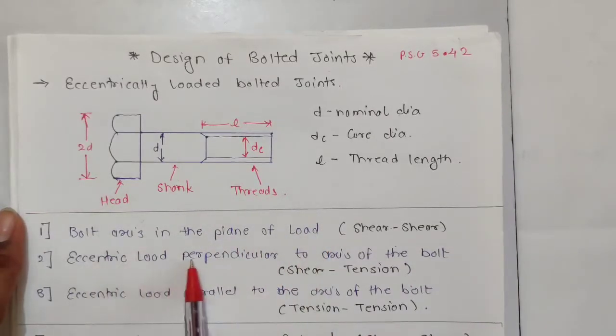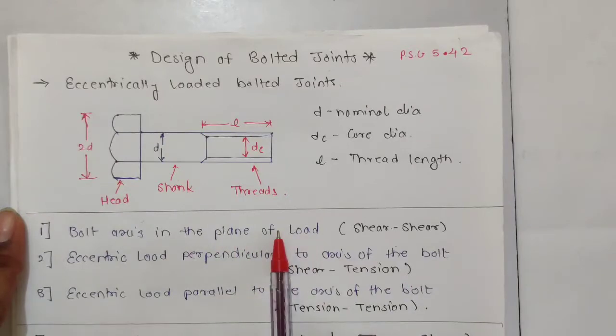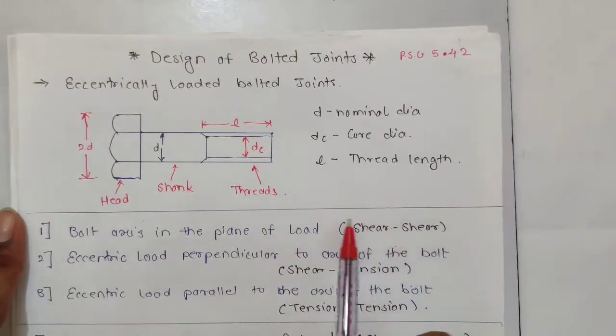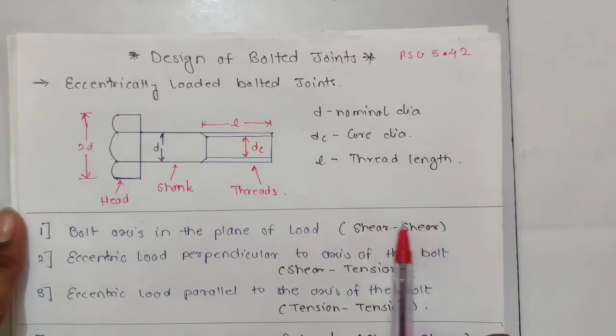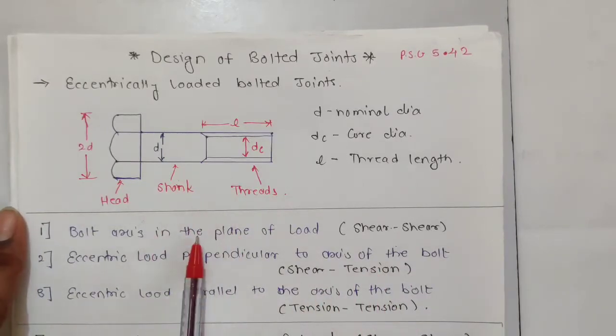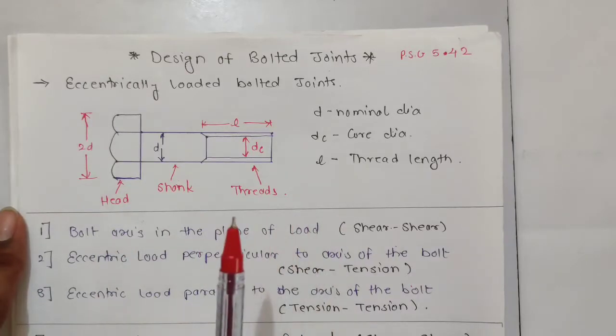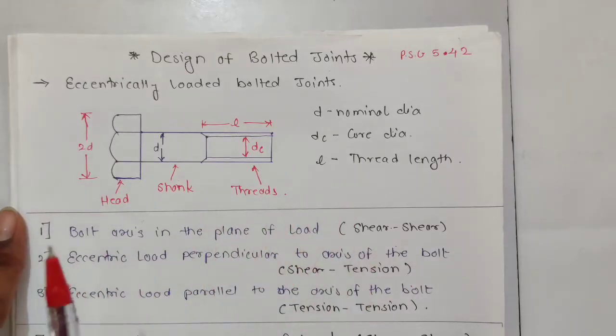The second case is eccentric load perpendicular to the axis of bolt, and the third is eccentric load parallel to the axis of bolt. I'm naming the first case shear, which is direct shear and torsional shear, the second case shear tension, and the third case tension. These three cases are for the design of eccentrically loaded bolted joints.